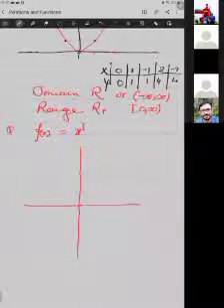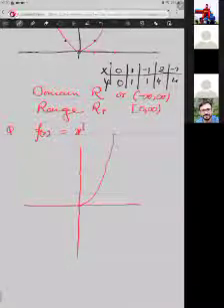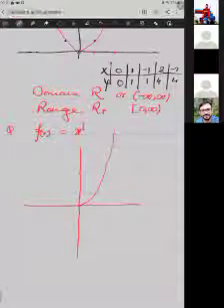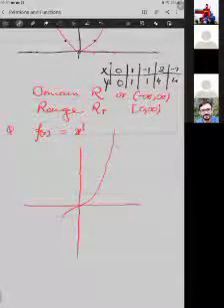When I'm taking 1, y will be 1 cube, 1. If I'm taking x as 2, y will be 8. Somewhere here I'm marking. If we are going for x as minus 1, y will also be minus 1. x as minus 2, y will be minus 8. So its graph will be like this.